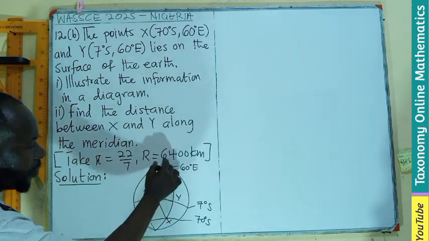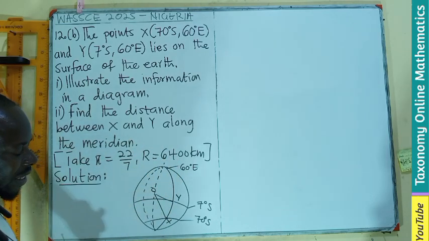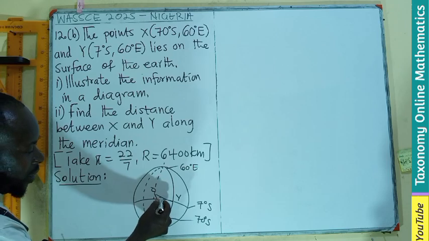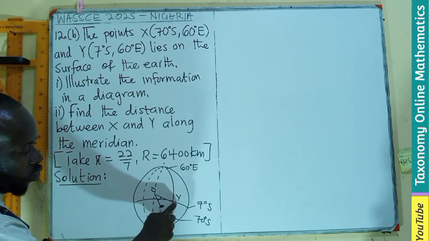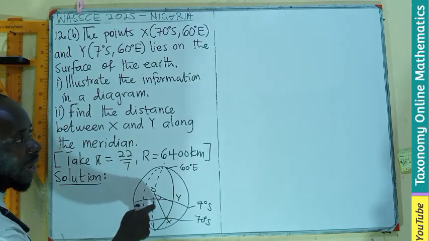So now, if you are to take the meridian, the center part of it, you can see that here is the angle we are looking for. And these two angles are all in the south. So the difference between them gives us the angle we have here.